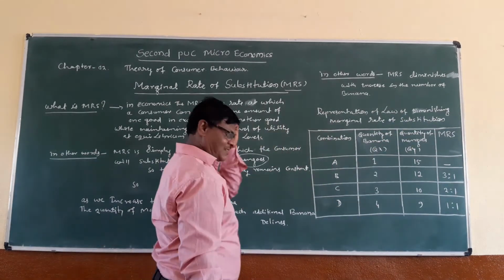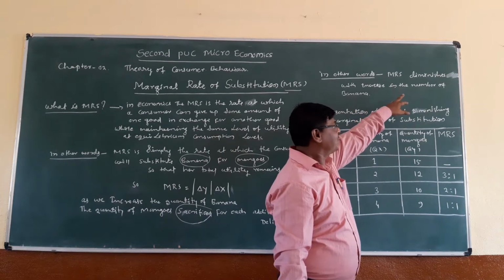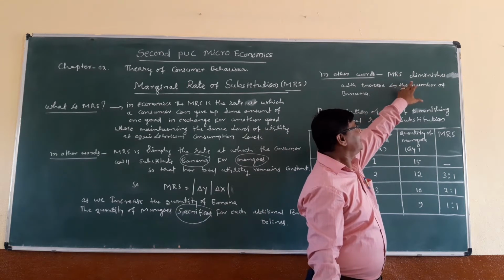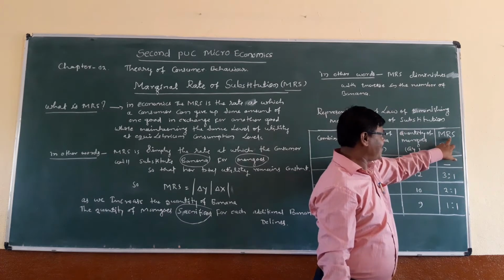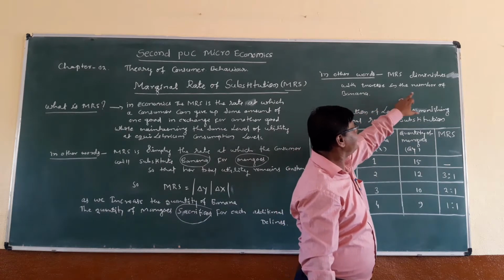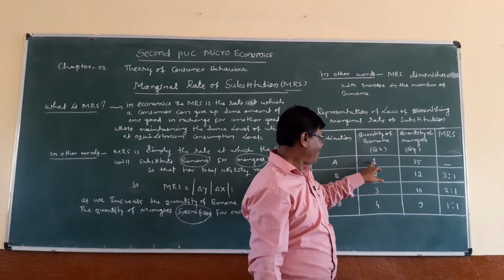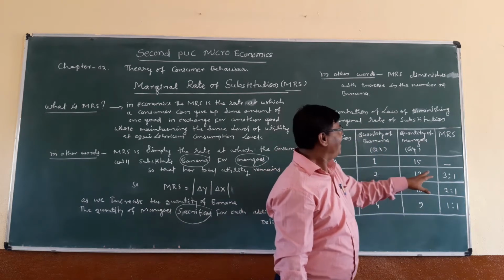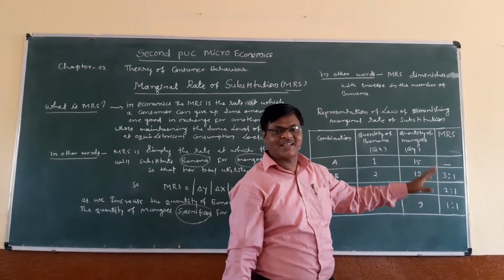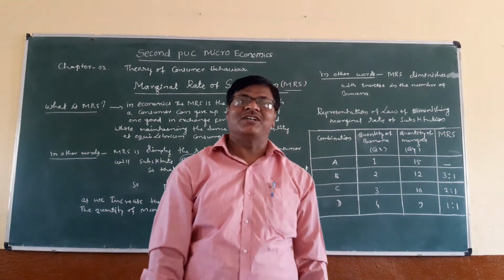So, in other words, the marginal rate of substitution diminishes with increase in the number of bananas.